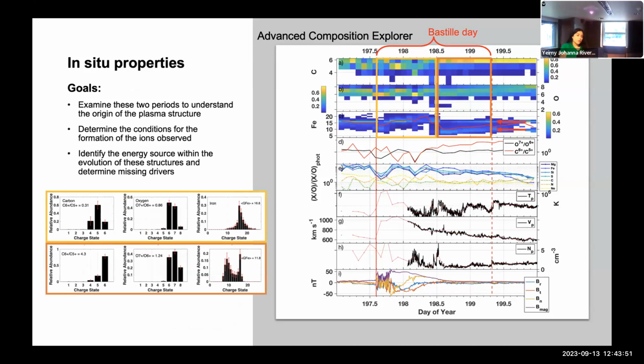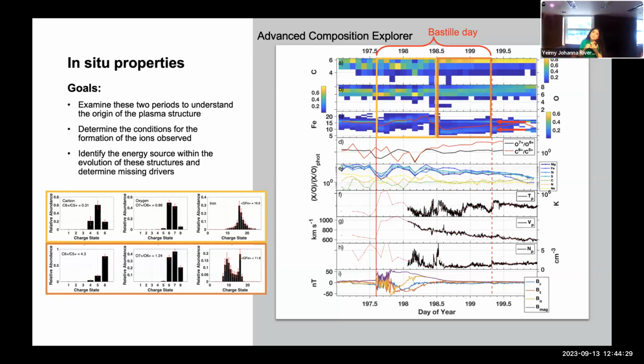And so the goals of the work. First, this is the average charge state of carbon, oxygen, and iron that we're trying to reconstruct. This is just another view of the two boxes, averaged, which is what we're trying to reconstruct for the two different types of plasma that we see. The goal of the work is to examine these two periods to understand the origin of the plasma, so where it originates from, the different structures that we see in connection to the structures that we see on the Sun, in UV and white light images, for instance.